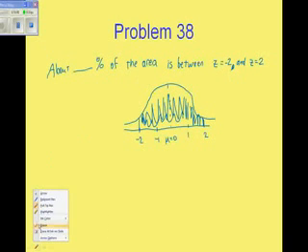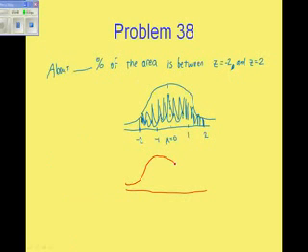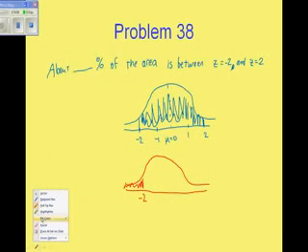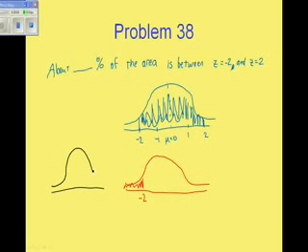Now if you're going to use the chart, you're going to have to separate it into pieces. What you would do is first look up how much area is to the left of -2, and then look up how much area is to the left of 2, and then subtract those values.